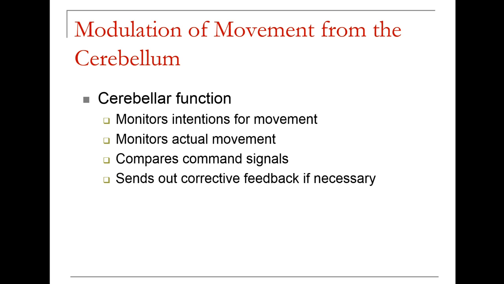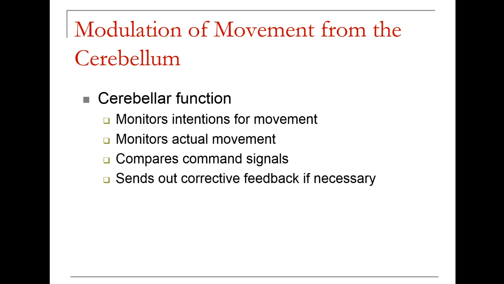And it will monitor, therefore, the intent for movement, what your brain wants the movement to be, with the actual movement, and that's going to be from the sensory information coming up. So we'll compare those two, and if necessary, if it sees that the body isn't acting correctly, it will send out some sort of corrective feedback.